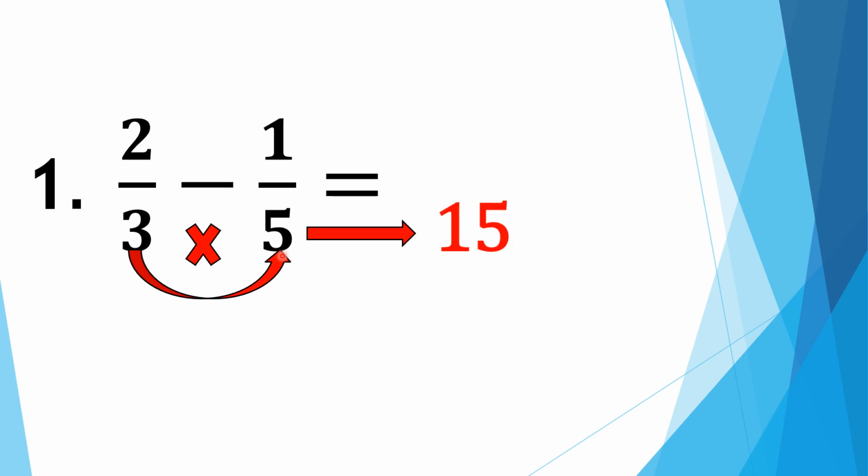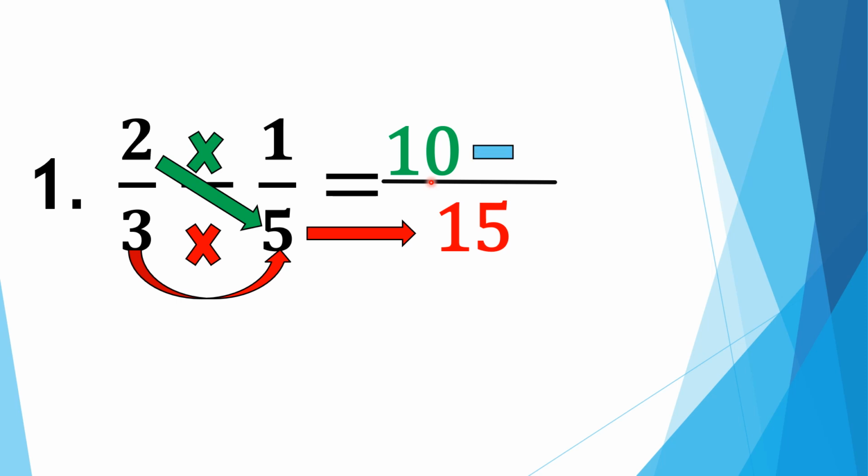Then step 2, cross multiply. Multiply the numerator of the first fraction by the denominator of the second fraction. 2 times 5 is equal to 10. Next, multiply the denominator of the first fraction by the numerator of the second fraction. 3 times 1 is equal to 3.